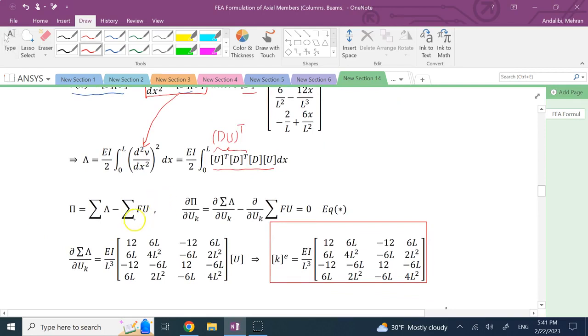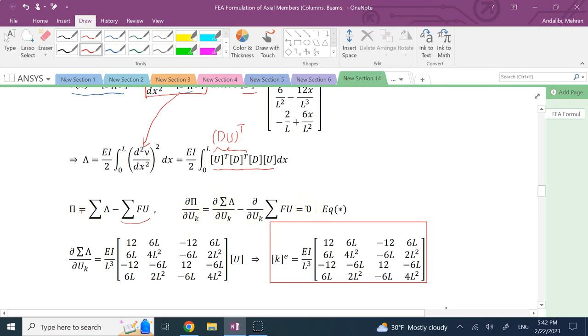The other thing is the work done on the external forces is the summation of FU, where F are the nodal forces and U are the nodal displacements. So this is the total potential energy, which should be minimum with respect to the displacements, the nodal displacements. So I take derivative, set it equal to 0.